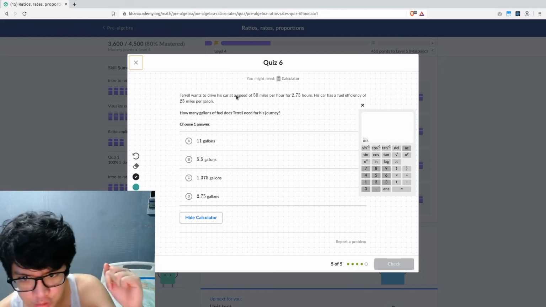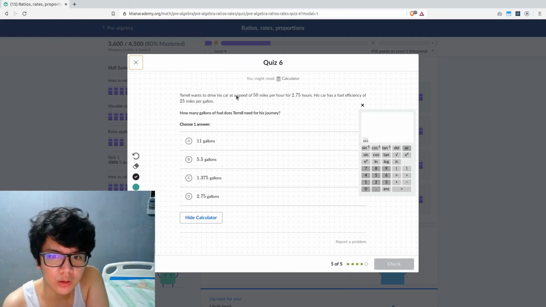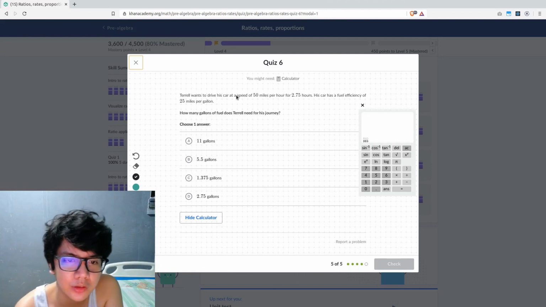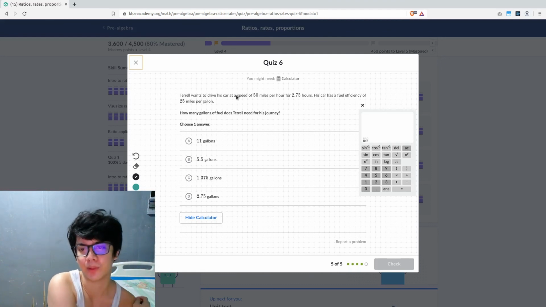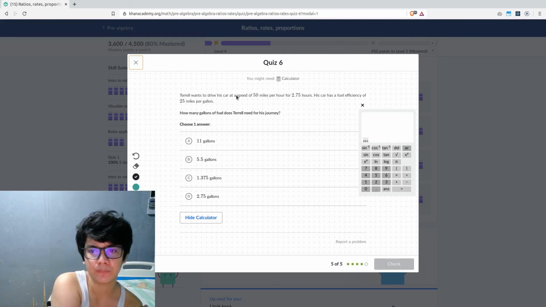Oh, I think this is just multiplication. His car has a fuel efficiency of 25 miles per gallon.